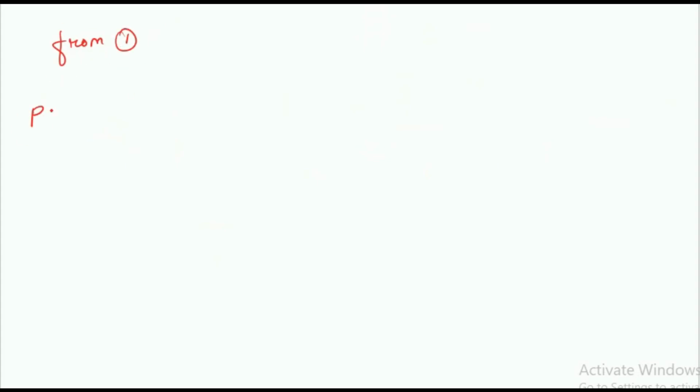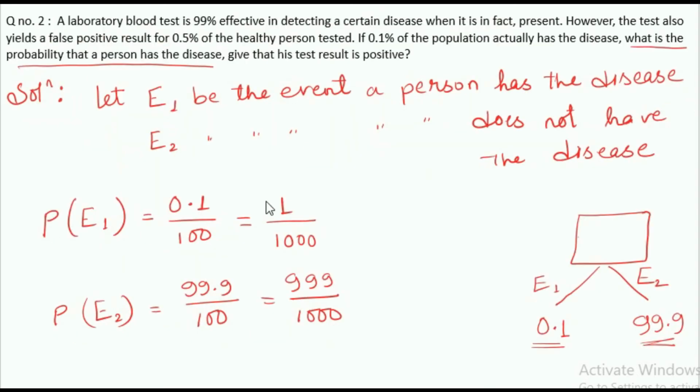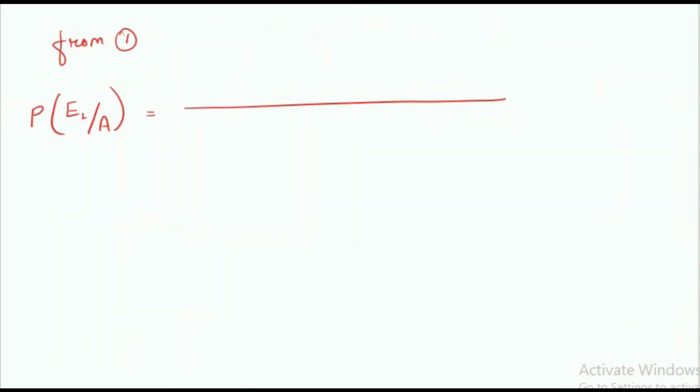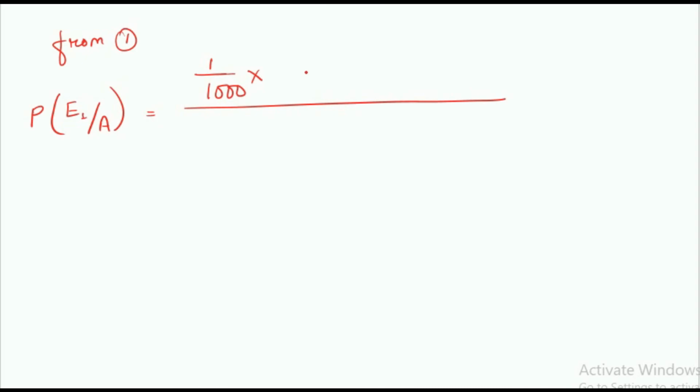The probability that a sick person is selected and his test is positive is, so see, the probability of E1 is 1 by 1000, into the probability of A given E1, which is 99 by 100.